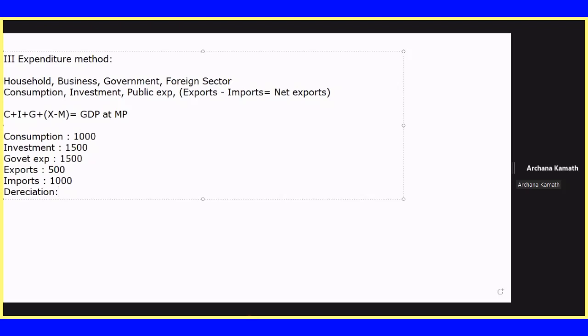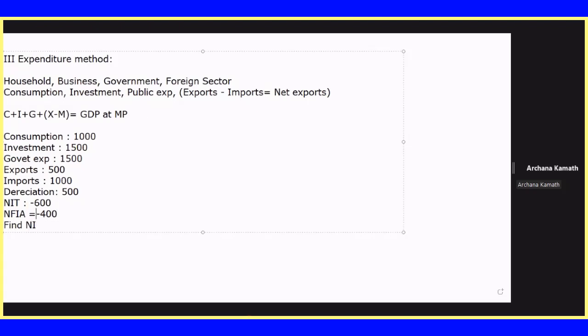Depreciation, 500. Net indirect tax, minus 600. Find national income is the question. Try it all by yourself.